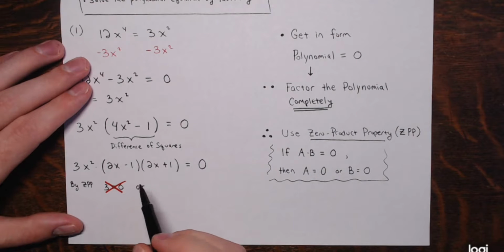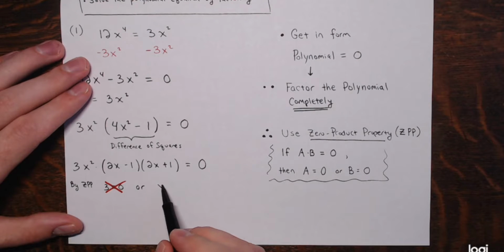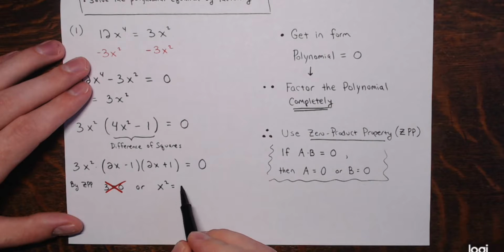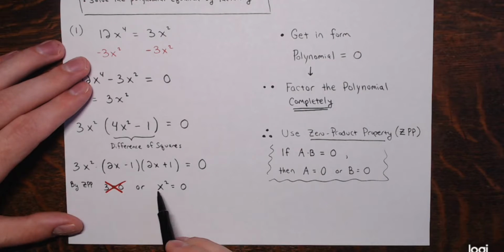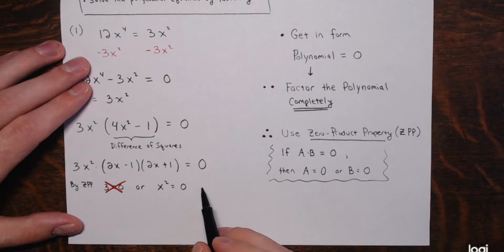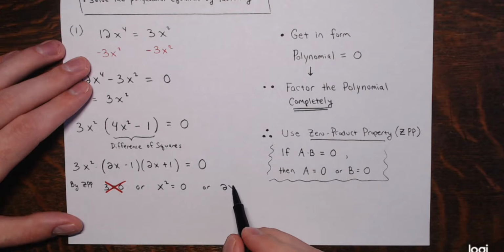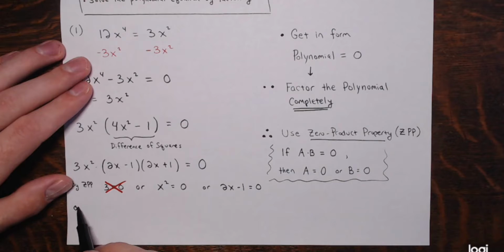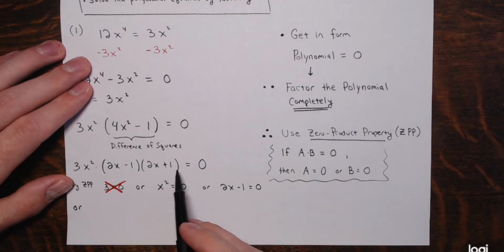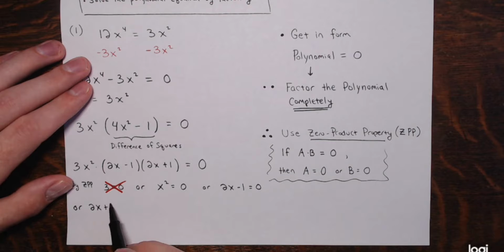Or x squared equals 0, right, this next factor. Now again, you could have broken this up to x equals 0 or x equals 0, if you did x times x for x squared, but either way, you're getting the fact that x has to be 0 here, but we'll get to that in a second. Or this next factor, 2x minus 1 equals 0. Finally, or this fourth factor, 2x plus 1 equals 0.